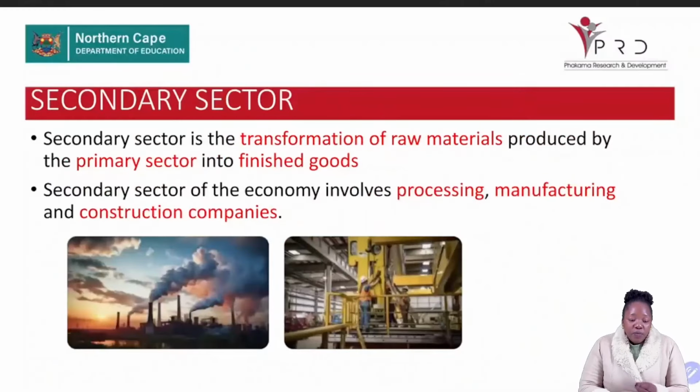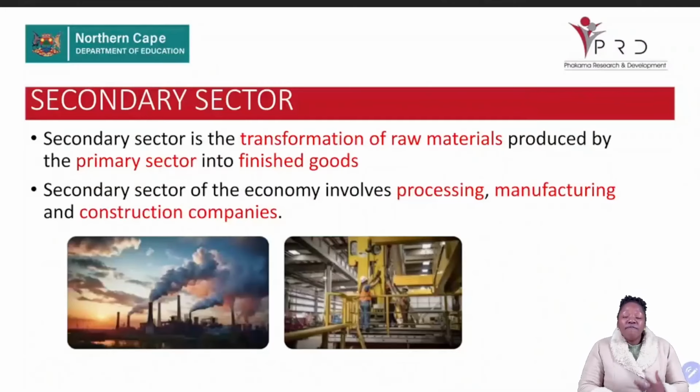Then we said we will be able to define deeply what is the secondary sector. So the secondary sector is the transformation of raw material produced by the primary sector into a finished good.